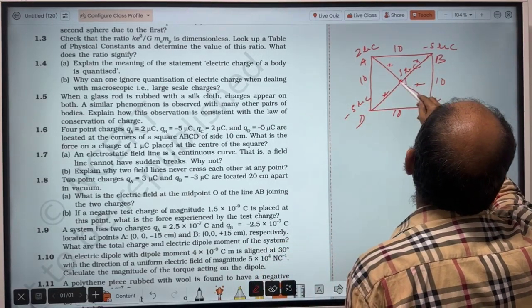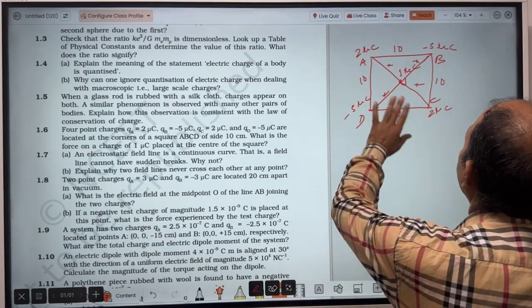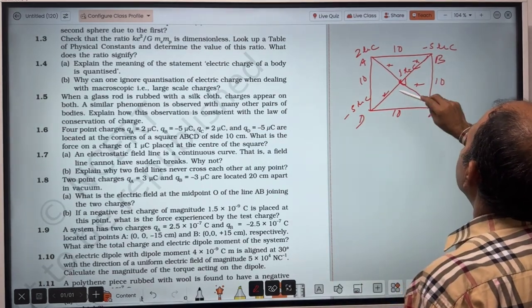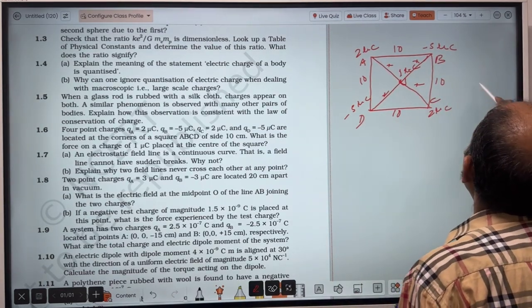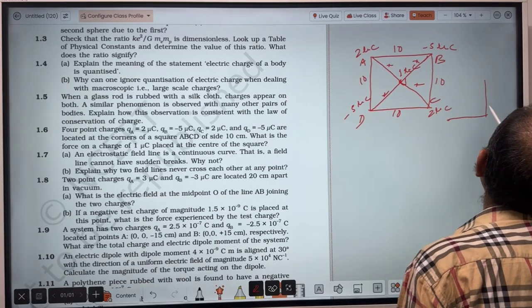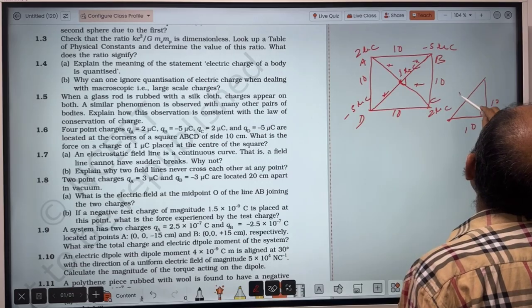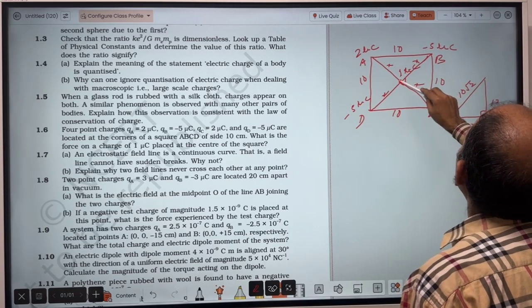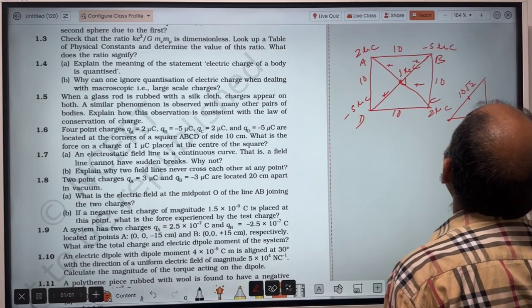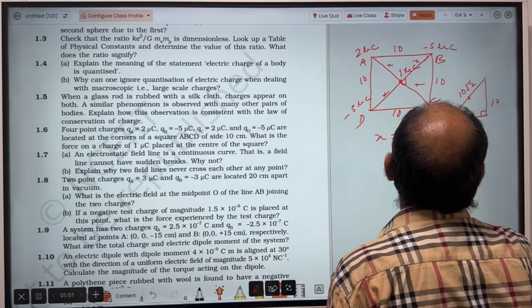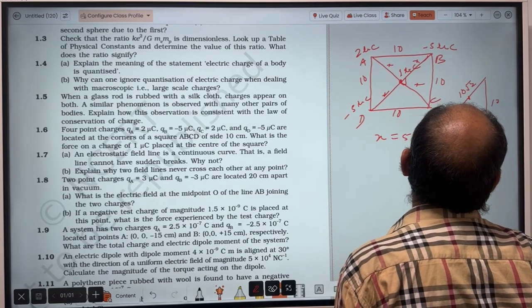It is simple. This angle will be 90 degrees because this is a square. Then you can apply here, this is 10, this is 10. If you apply the Pythagoras theorem, this diagonal will be 10 root 2 and this point will be the midpoint of it. So it will be 5 root 2. So the value of x is 5 root 2 centimeter.